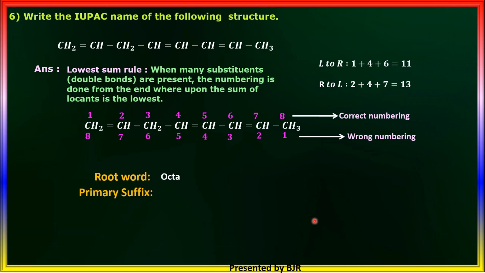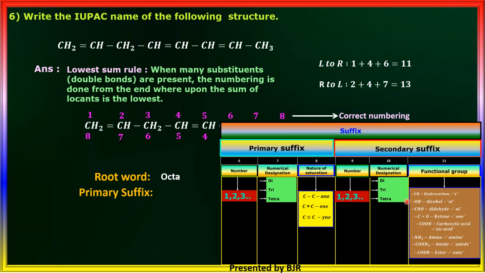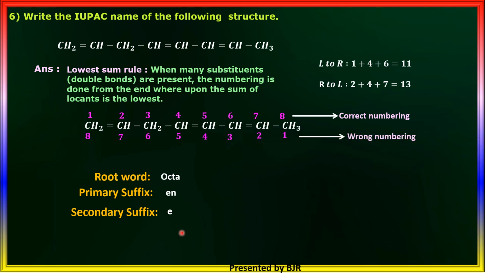Next, the primary suffix, since double bonds are there, is en. The secondary suffix, since only hydrocarbons are there in this chain, is e. So octa-1,4,6-triene.